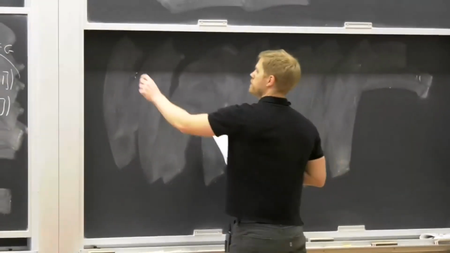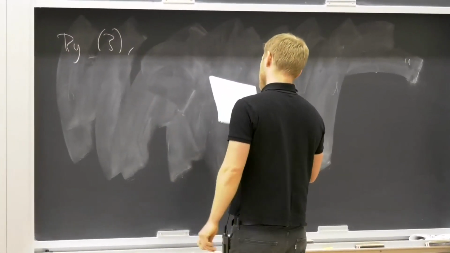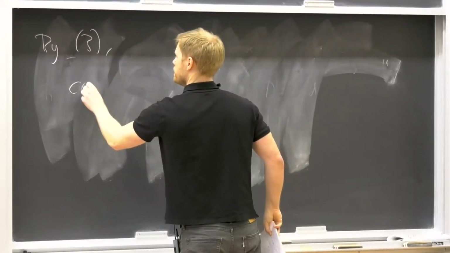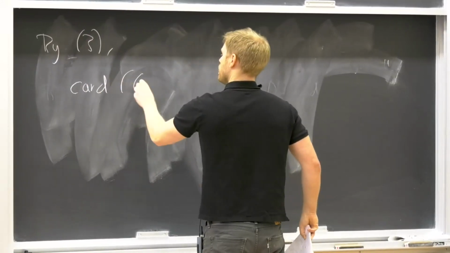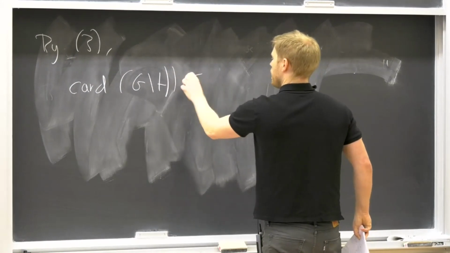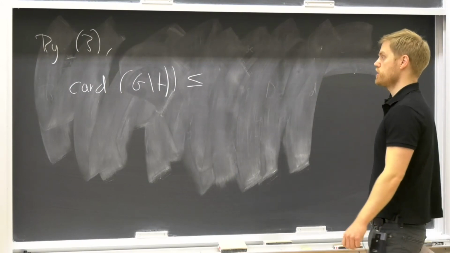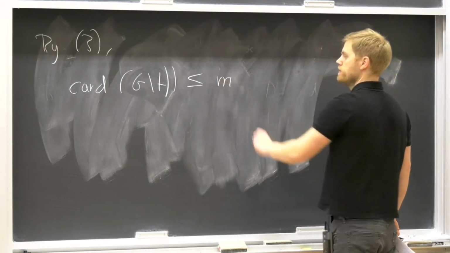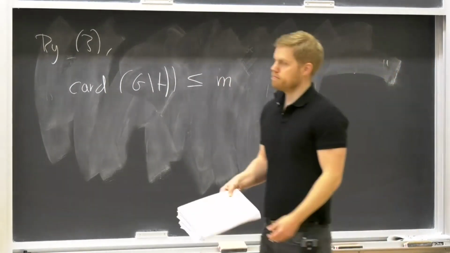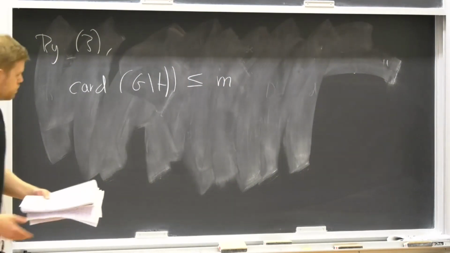So by 3, the cardinality of G set minus H is bounded by the following. You can take whatever j you like, so there are at most m of them, but for each of them, you know that the cardinality of all the I's for which this can be true is bounded by the cardinality of that fiber, and there are few.